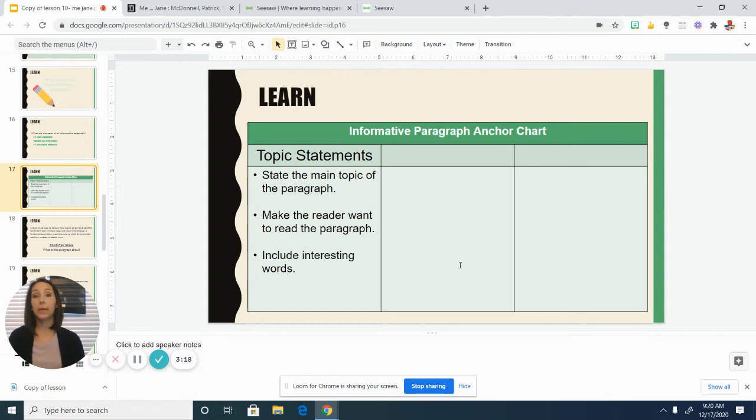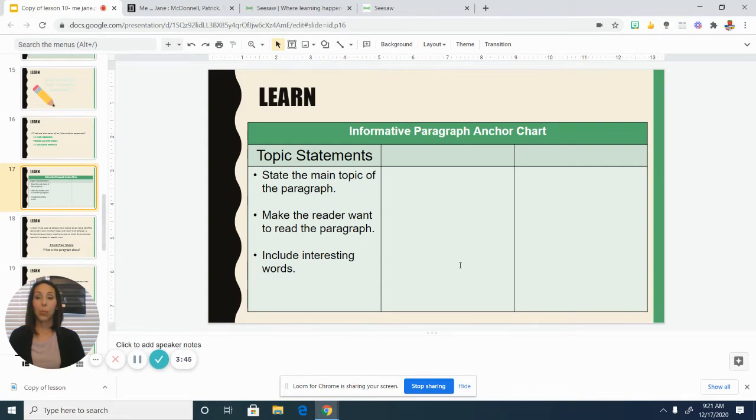That's one of the major jobs of the topic statement: to tell the reader what the paragraph is going to be about. But topic statements also have some other jobs. The other job that the topic statement has is that they want to get the reader interested in wanting to read the paragraph.